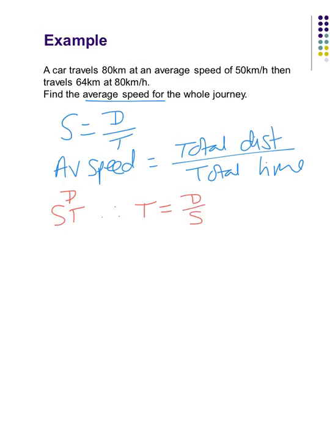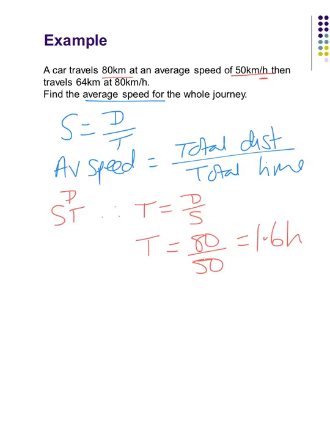So looking at the first one, he travels 80 kilometres at a speed of 50 kilometres per hour. So the time taken for that one is the distance, 80, divided by 50, which will give us 1.6 hours. We're talking in hours here.